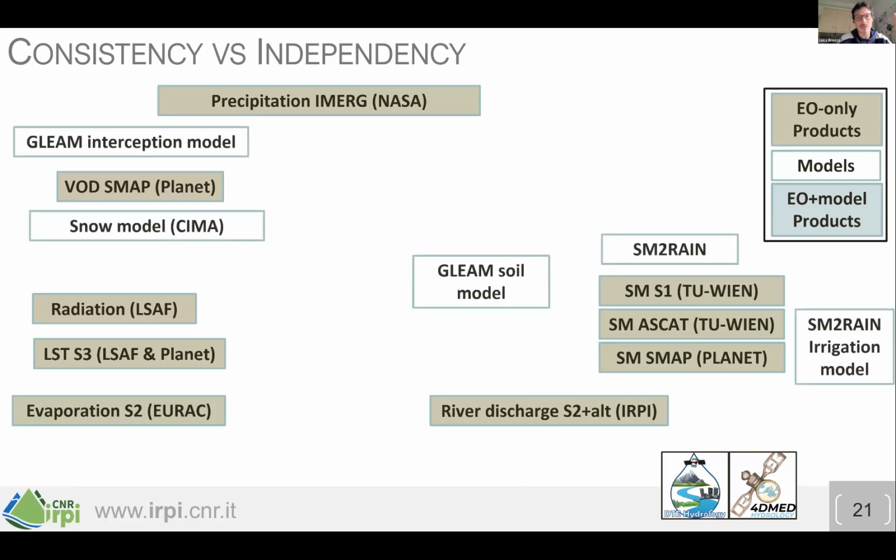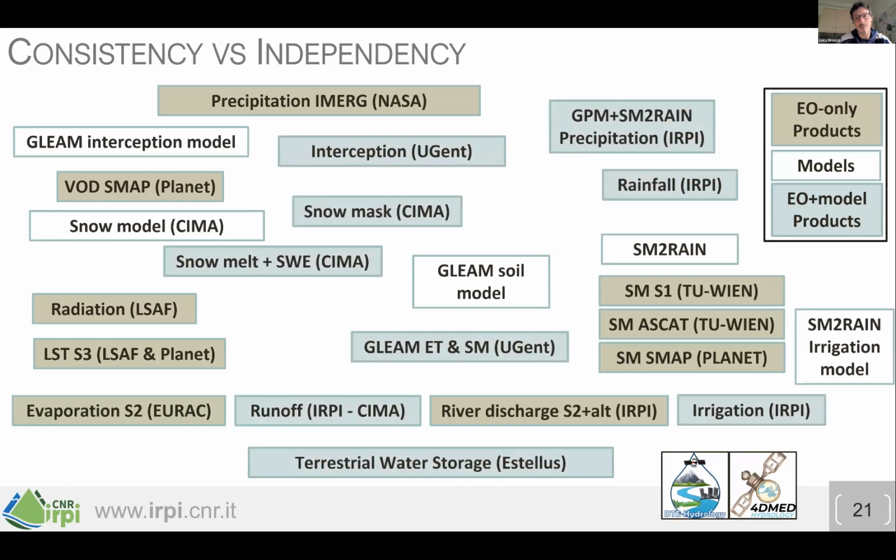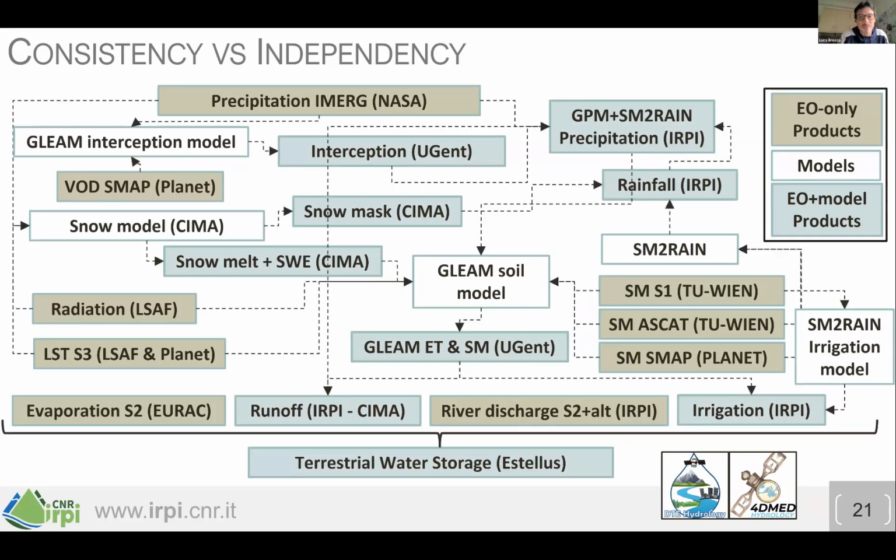Then we have some modeling, and when we have some modeling, we are able to estimate other data sets that are based on the integration of satellite data and model. But if you look at the different lines, it's quite chaotic, and it means that the number of interconnections between the different data sets is really huge.